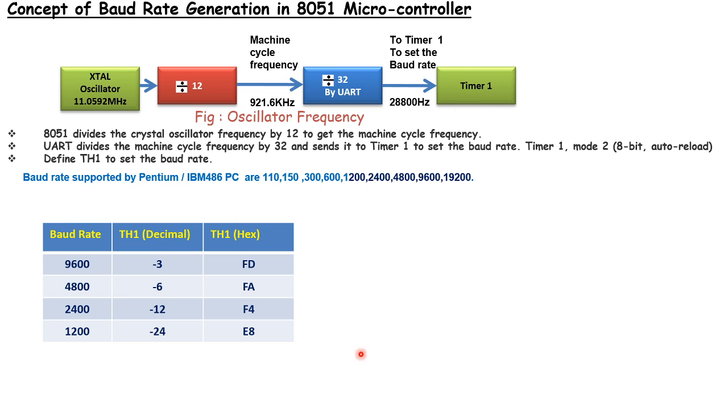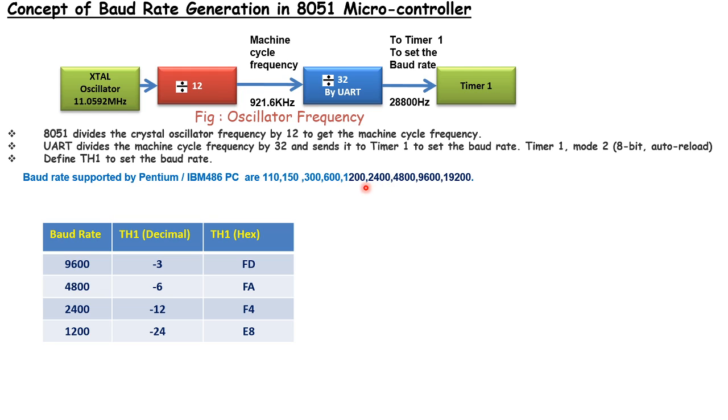Now this table indicates the baud rate and the value of the TH1 register in decimal and in hexadecimal. So why is this baud rate chosen? Because of the baud rates supported by the Pentium and IBM PC, like this.